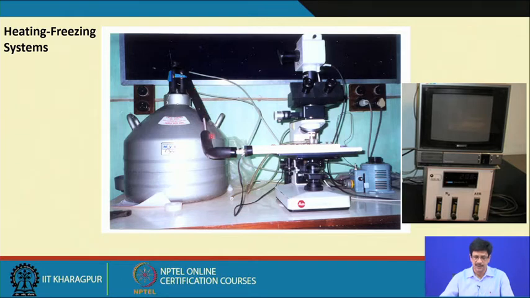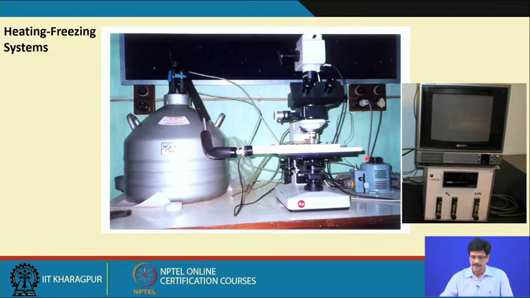You can see a well insulated delivery tube connected to the heating freezing system, which is a ceramic stage within which the sample holder chamber is placed. Within that chamber, the fluid inclusion wafer, the doubly polished thin section in which we study the fluid inclusions, is kept.